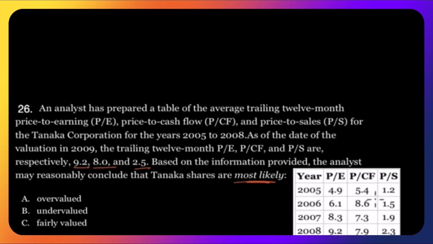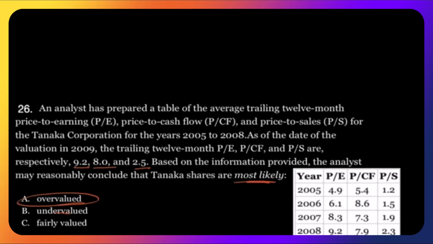If the multiples were decreasing over time, we could argue that, well, the market is willing to pay less and less of a multiple for earnings. Maybe it's undervalued based on that trend. This, we're looking at most likely would be overvalued. So I would argue that they're overvalued based on that.